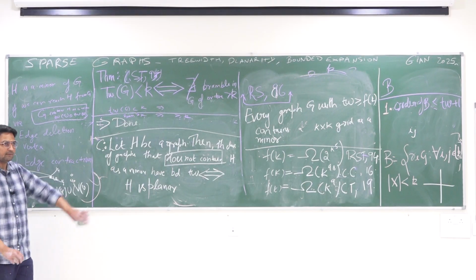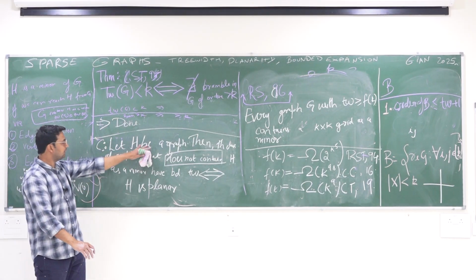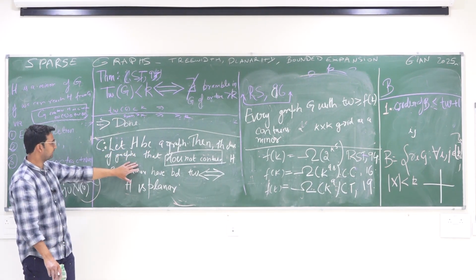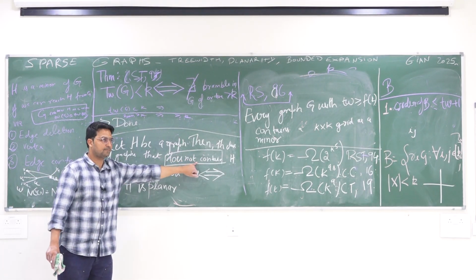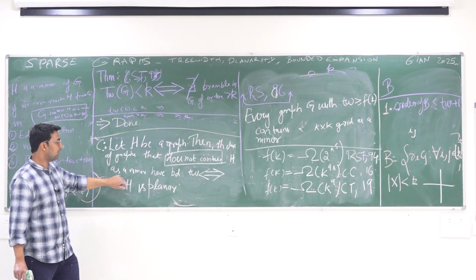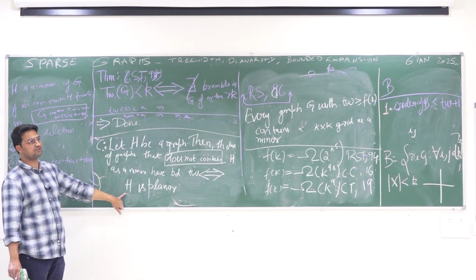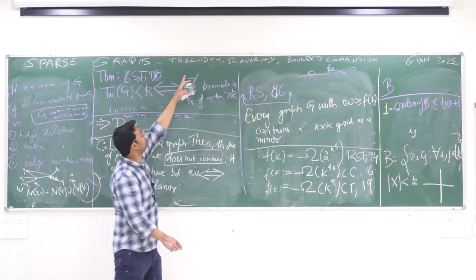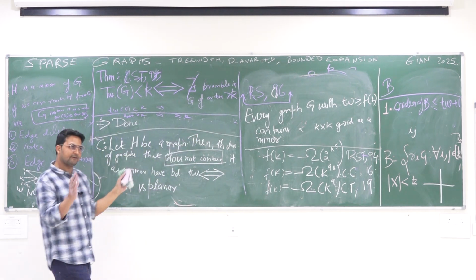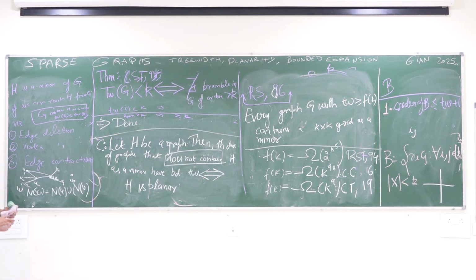So we say that H is the graph that I want to exclude. Then the class of graphs that does not contain H as a minor have bounded treewidth if and only if H is planar. So this shows a very close relationship between bounded treewidth and planarity.